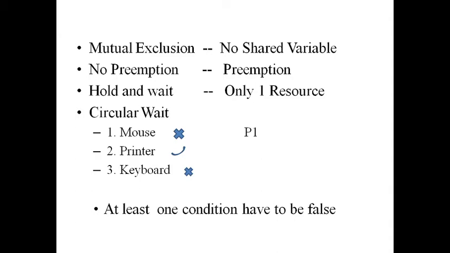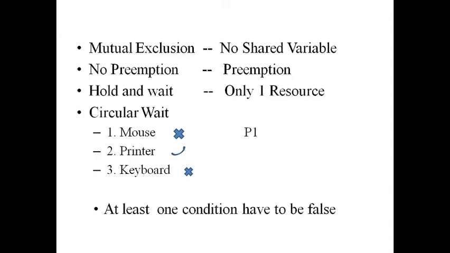How will it become false? We will see. See, on the right part P1 process is there. And we have 3 resources, that is mouse, printer, keyboard. These are the 3 resources we are having. Now P1 process wants to take the printer. What is the number of the printer? Second resource.